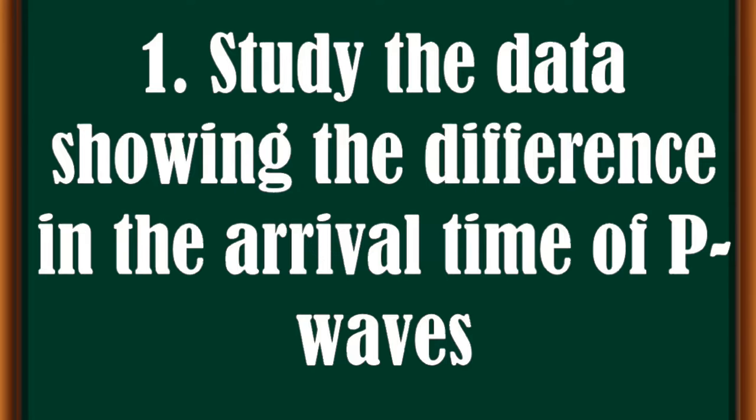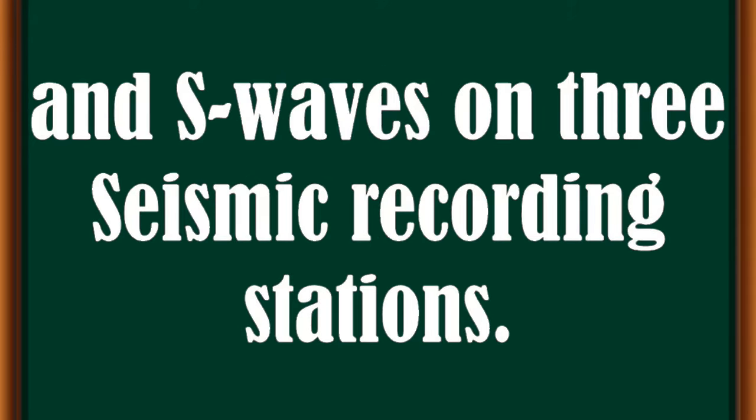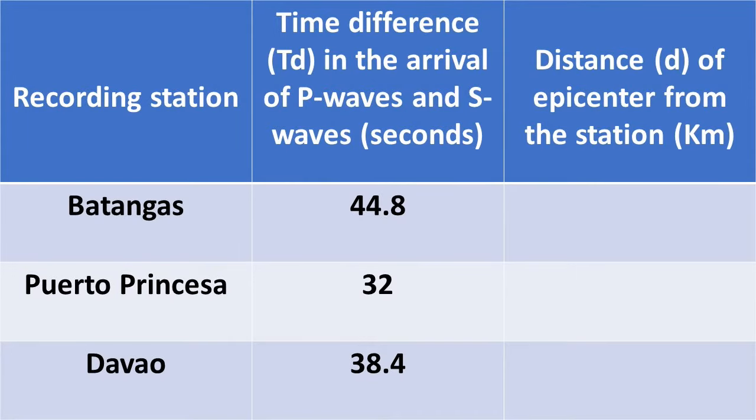Procedure: study the data showing the difference in the arrival time of P waves and S waves on 3 seismic recording stations. On your activity sheet, given in the first column are the 3 recording stations, namely Batangas, Puerto Princesa, and Davao.